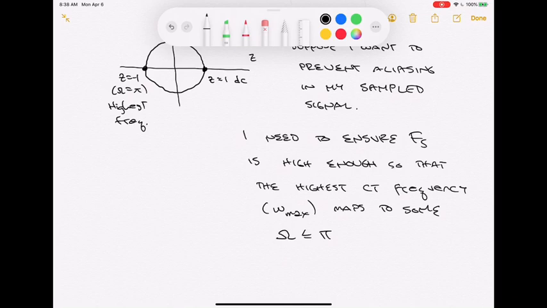We've got to make it so that it doesn't cross that boundary of where the highest frequencies are. So what does that tell us?